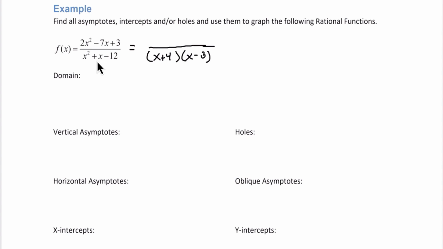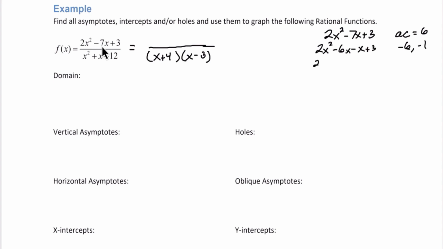The numerator has a leading coefficient of 2, so we need to use the AC method to factor. A times C is 6. Two numbers that multiply to 6 and add to negative 7 are negative 6 and negative 1. So we'll rewrite the quadratic using negative 6 and negative 1.